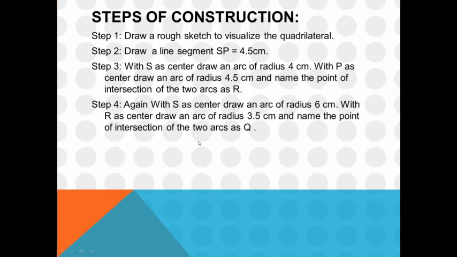Again with S as center, draw an arc of radius 6 centimeter. With R as center, draw an arc of radius 3.5 centimeter and name the point of intersection of the two arcs as Q. Join PQ. PQRS is the required quadrilateral.